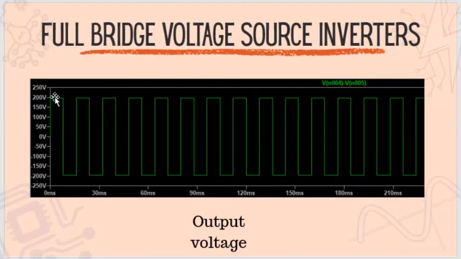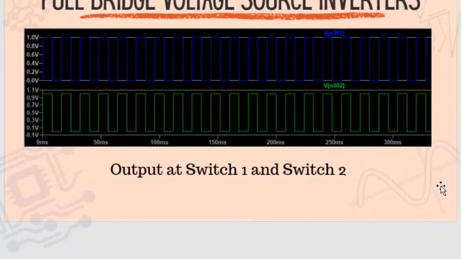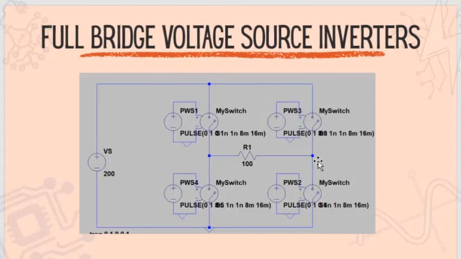We got this waveform by subtracting the voltage at this point and this point, let's say point 0 and point 1.